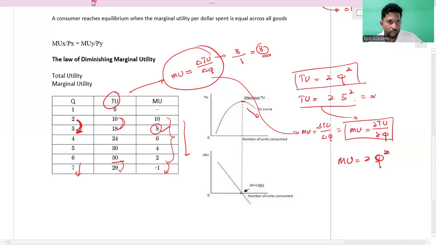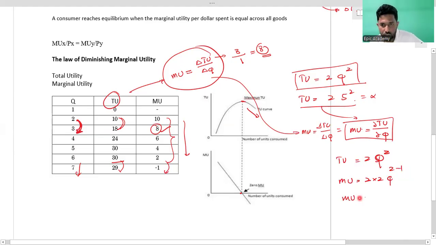I'm going to convert that into marginal utility, MU. Take the power in front of the Q: 2 multiplied by 2Q, with the power minus 1. Take the power in front of the Q and subtract 1. That's the theory. So MU equals 4Q. The power of 1 we are not going to display; no need to display. This is the marginal utility.